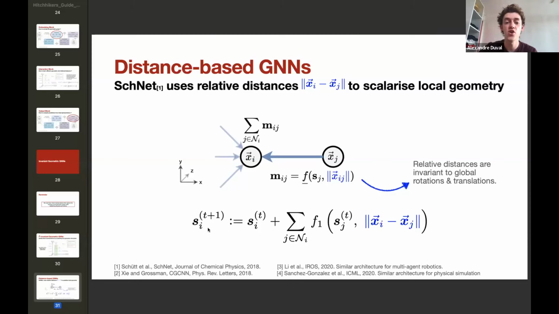As you can see in the equation, you update the representation of a node using a message computed for every neighbor J of I. And this message will be just a continuous convolution of the representation of the neighbor, sj, as well as the distance between the atom I and the neighbor J. And this distance information, if you think about it, is quite representative of the geometry, right? It tells you how far atoms are from each other.